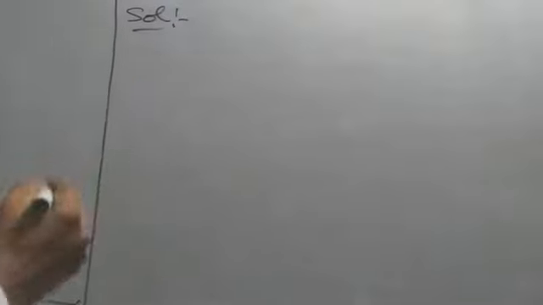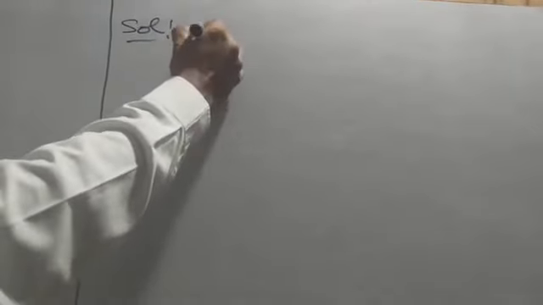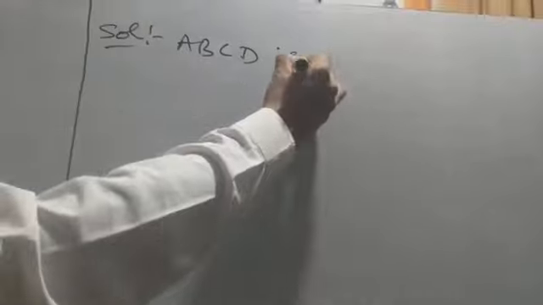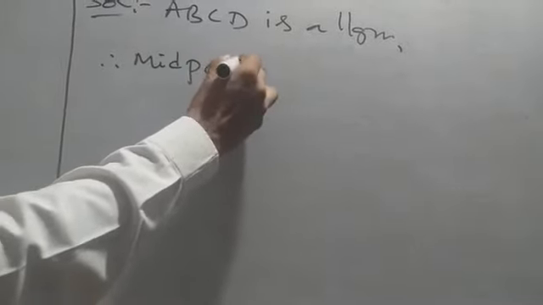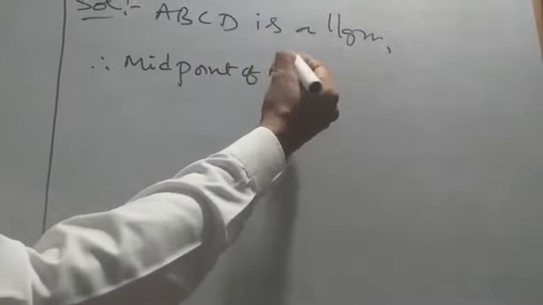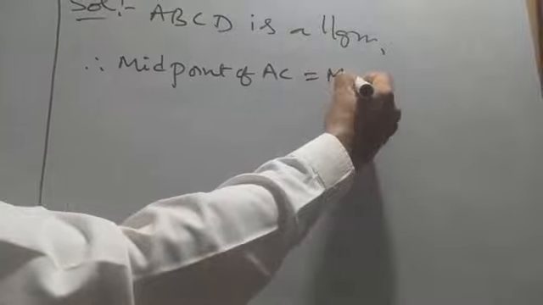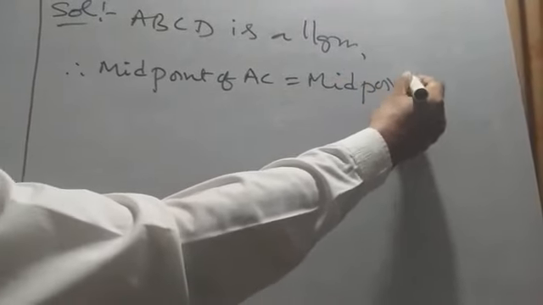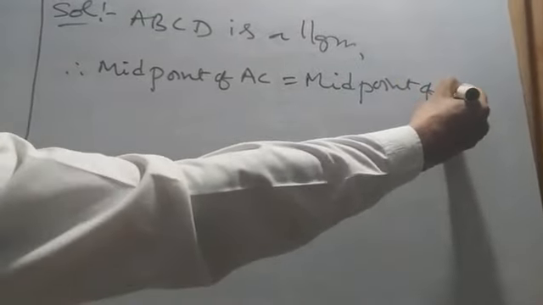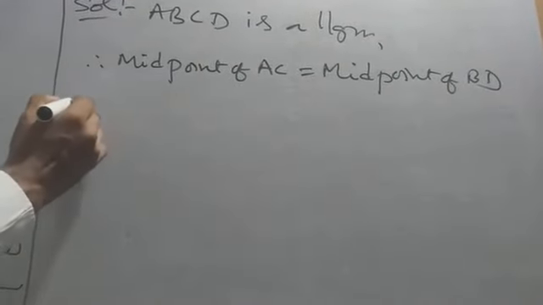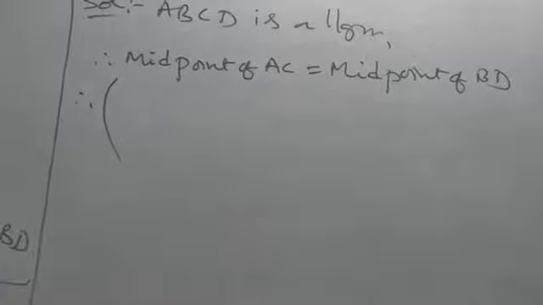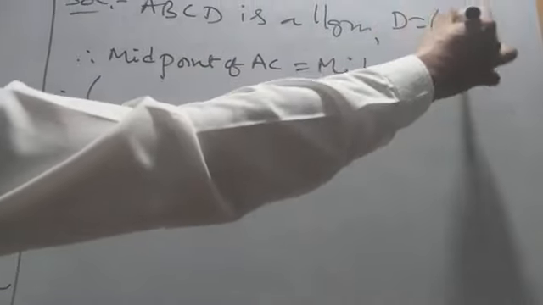Observe. So given here ABCD is a parallelogram. Therefore, midpoint of AC is equal to midpoint of BD. D we don't know, so let D be some (x, y).